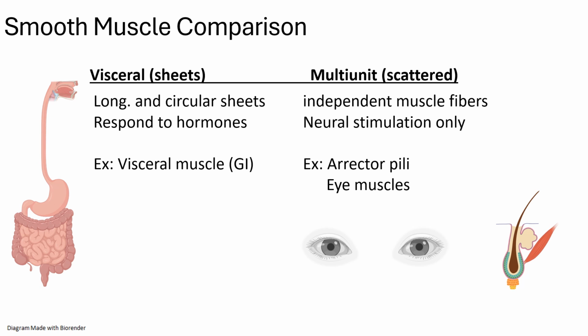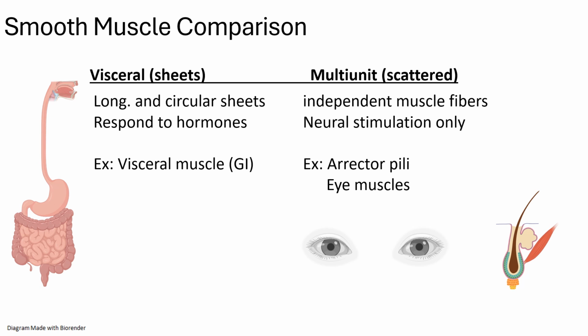Most of these visceral sheets are controlled by your autonomic nervous system, which also makes sense because smooth muscle, as we know, is involuntary. Most of these sheets have the capability of responding to hormones, which is simply just another form of control over organs as opposed to nervous system control.